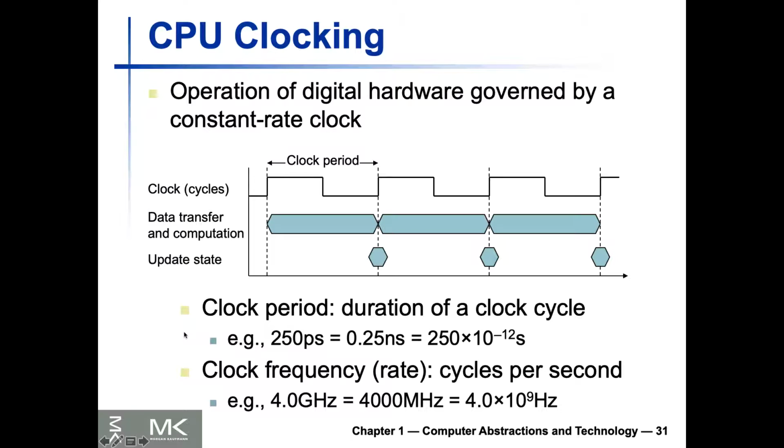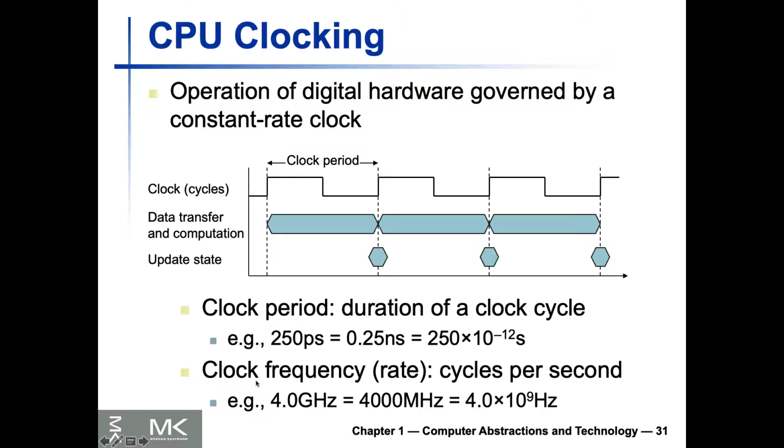As an example, when you have a clock period of 250 picoseconds, it's as if you have 0.25 nanoseconds, or 250 multiplied by 10 to the minus 12 seconds. I'm sorry, it was pico, not peta, because it's minus.